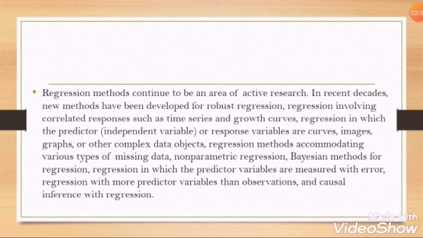Non-parametric regression. Bayesian methods for regression. Regression in which predictor variables are measured with error. Regression with more predictor variables than observations, and causal inference with regression.